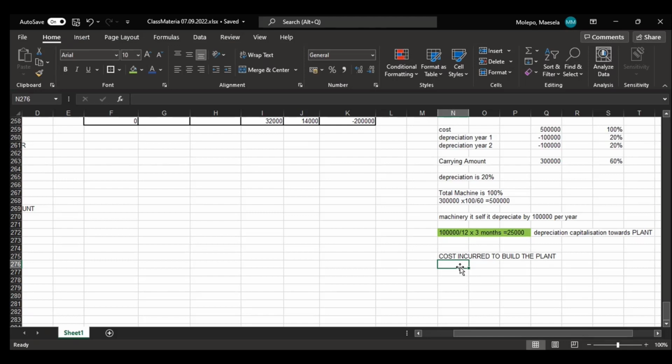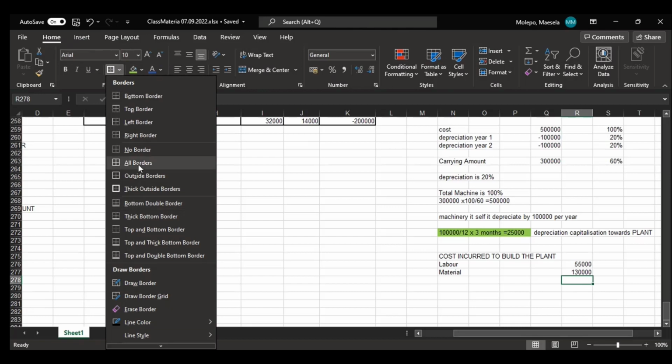We have labor, and then we have what? Material. So our labor is 55,000. Our material is 130,000. Then when we add the two up so far, they give you 185, isn't it?